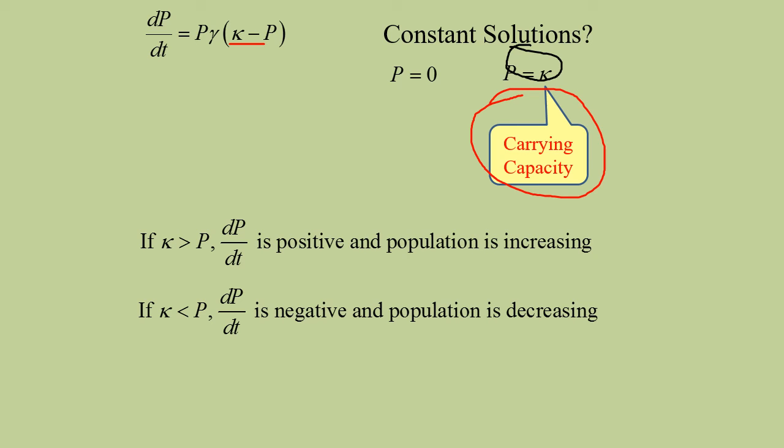This is the population that's sort of ideal for that particular situation. If it's a smaller population, it'll grow to kappa. If it's a larger population, things will tend to die off until it reaches down to kappa.